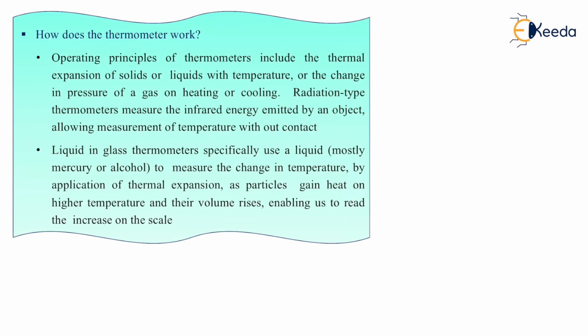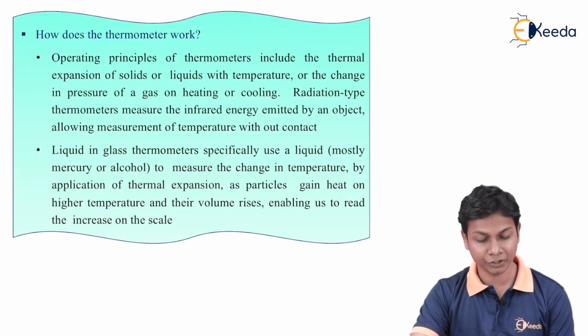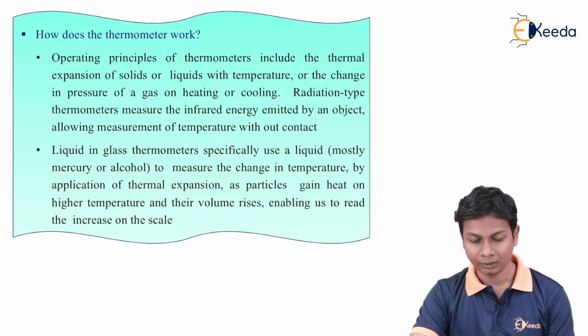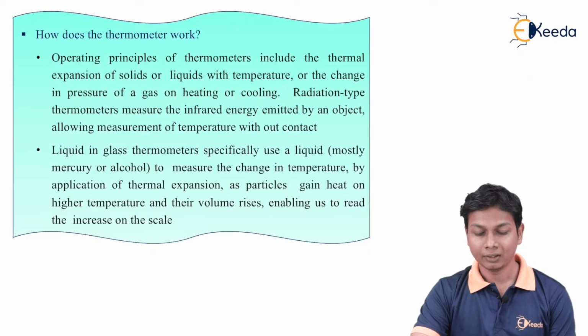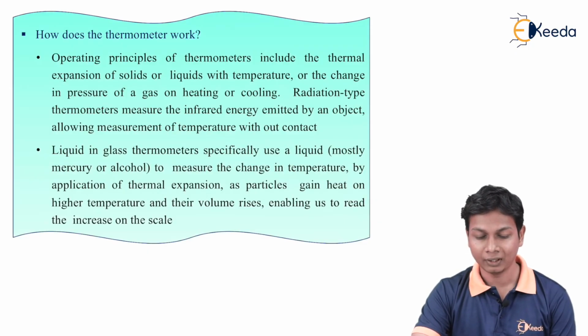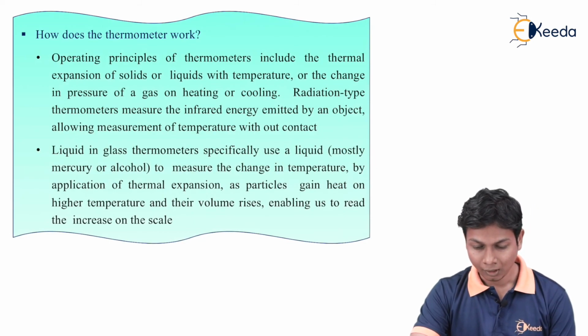The principles of a thermometer include the thermal expansion of a solid or liquid with respect to temperature, and the rate of change of pressure of a gas on heating or cooling. That thermal expansion of a solid or liquid with respect to temperature has to be sensed by the thermometer.